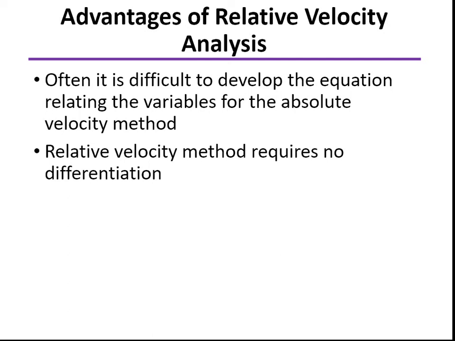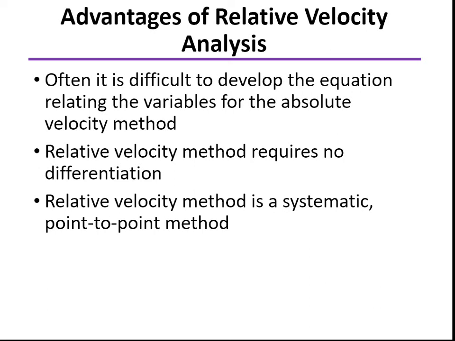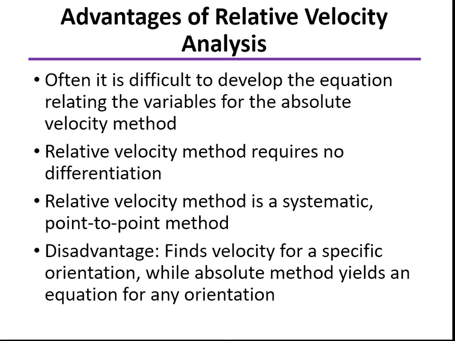Also, it gets messy when you have to take the derivatives, but with the relative velocity method, you're only doing cross products. There is no differentiation required. And you can really apply that relative velocity method to any mechanism, no matter how complex. You're still just working from point to point, solving for your unknown. So it's a much more systematic approach and easier to understand in that regard, I think.